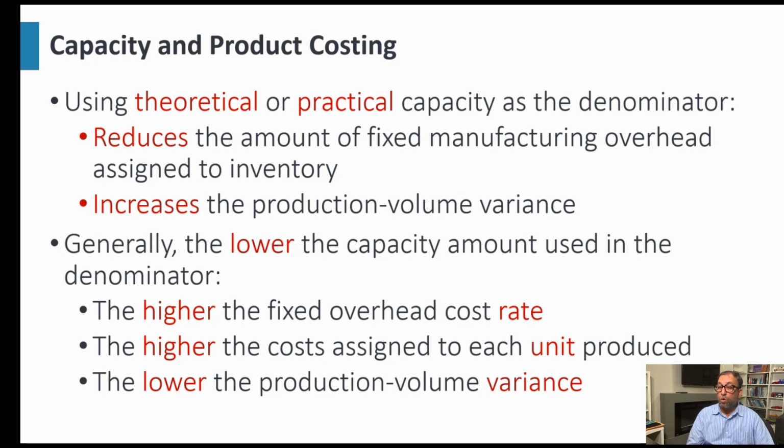For example, take the car example which I already mentioned: if you look at the theoretical capacity, like 200 kilometers per hour, and you divide your gas expenses, or your maintenance expenses like engine oil or brake oil, by 200 or 210 kilometers per hour, then you get a very low fixed cost per kilometer.